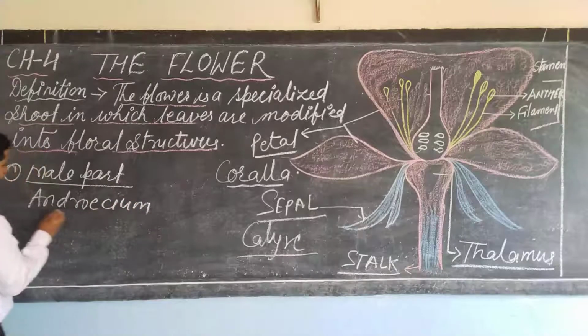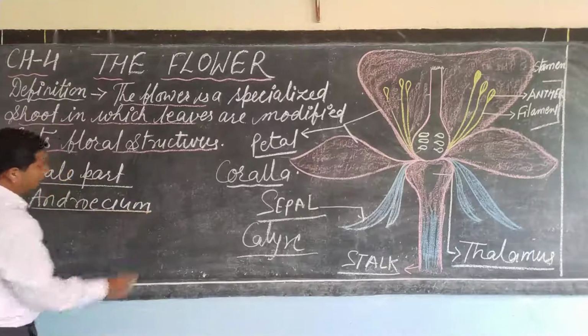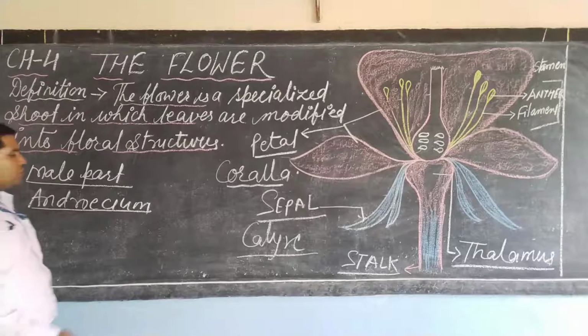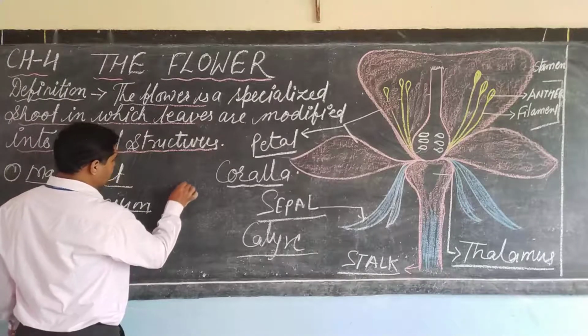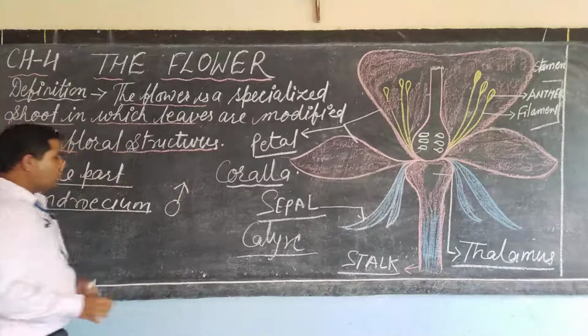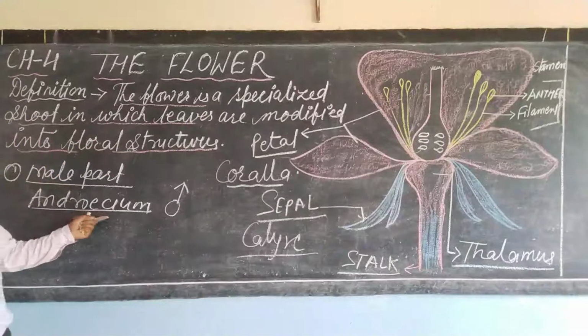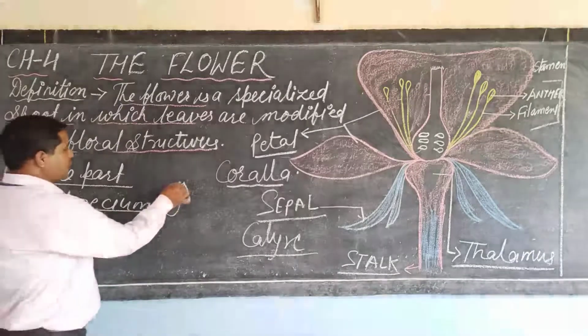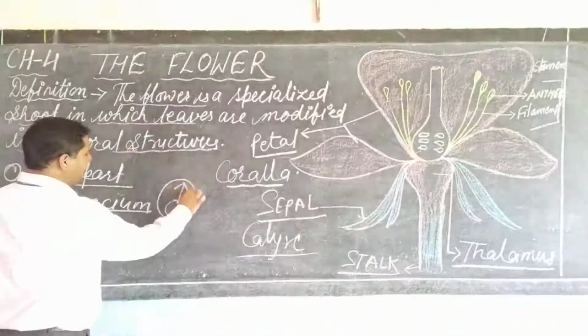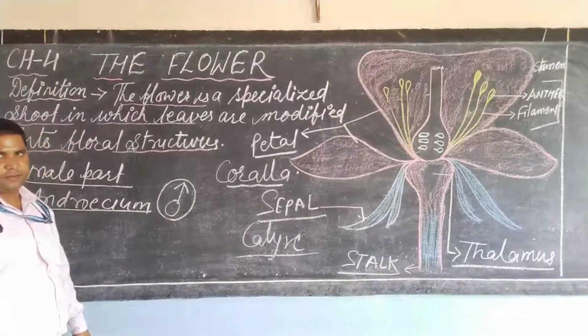Male part of the flower is known as androecium, and it is denoted by the symbol in this way. This is a particular symbol of the male part of the flower.